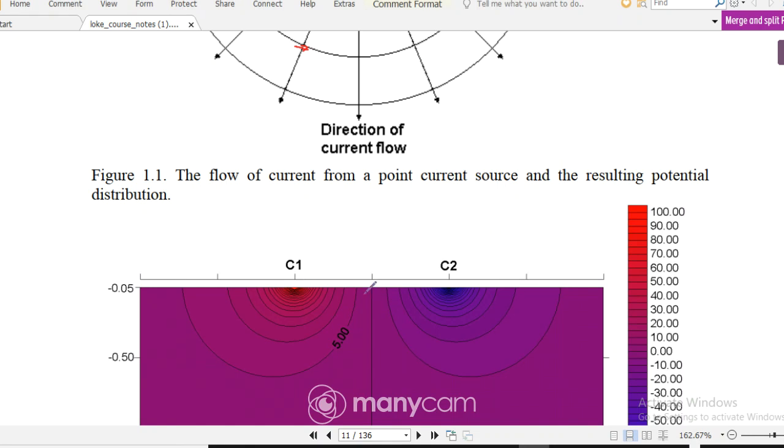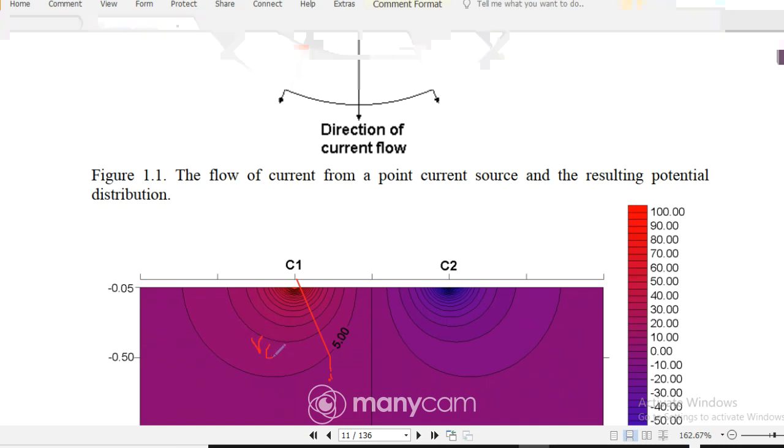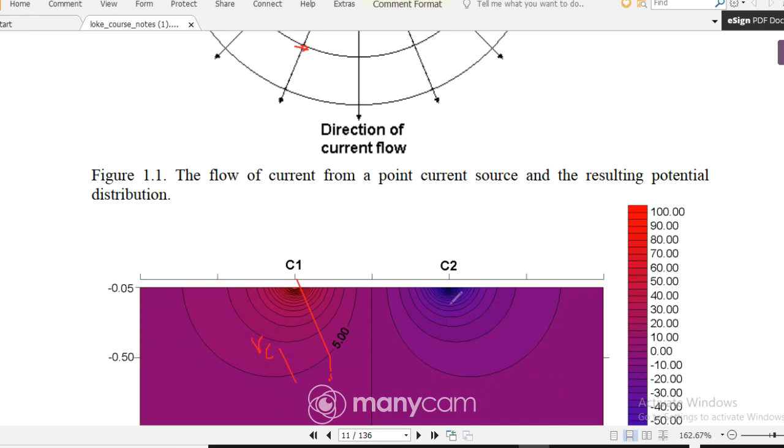At any point you take, for example here, the distance from C1 is R C1, and the distance from C2 is R C2. The potential at this point is the summation of the potentials contributed by C1 and C2.